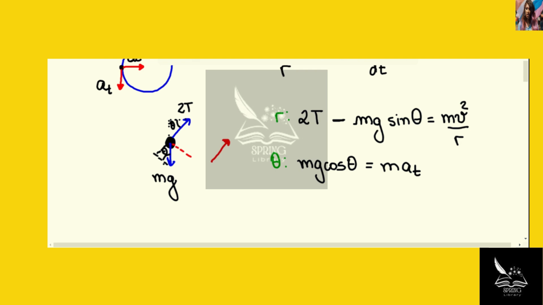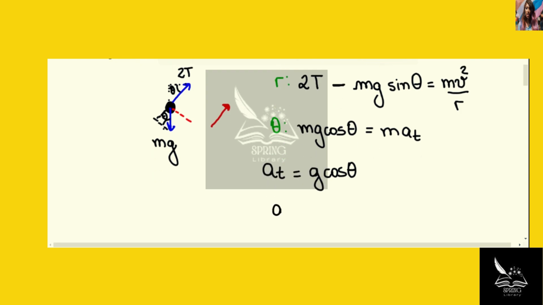So if we want to find the tangential acceleration, we use the equation for theta, so we have that a_t is g times cosine of theta. So a_t is 9.8 meters per second squared times the cosine of 60.